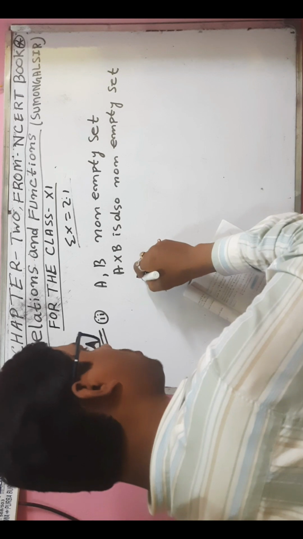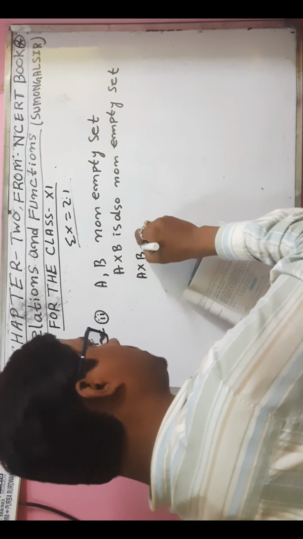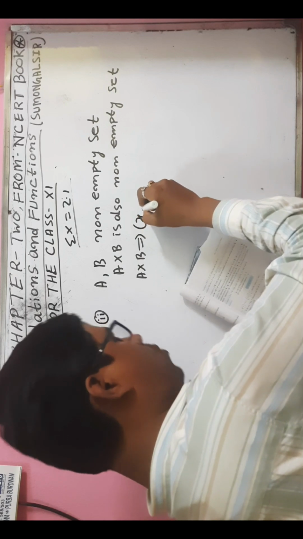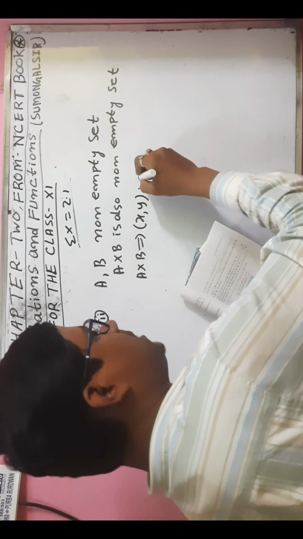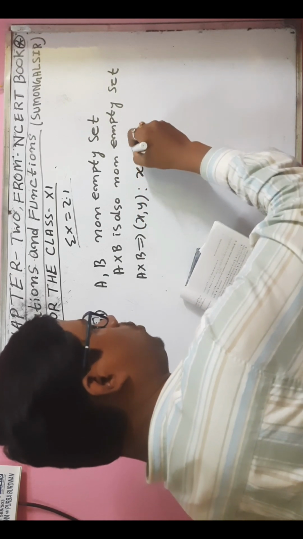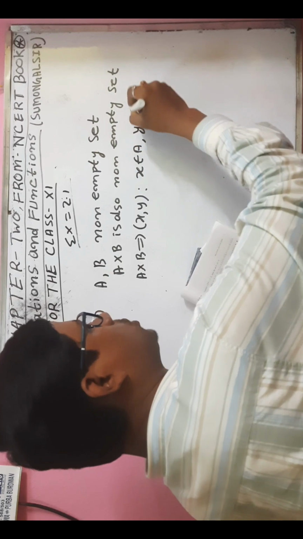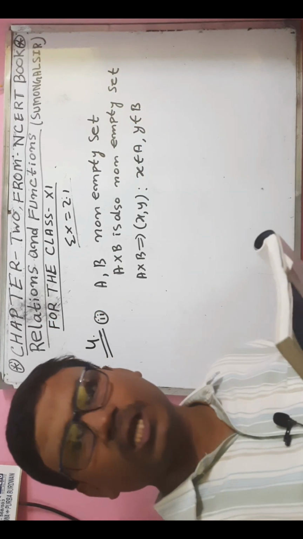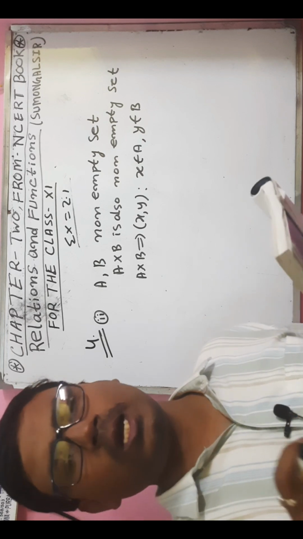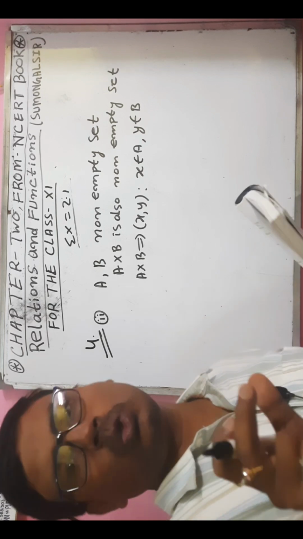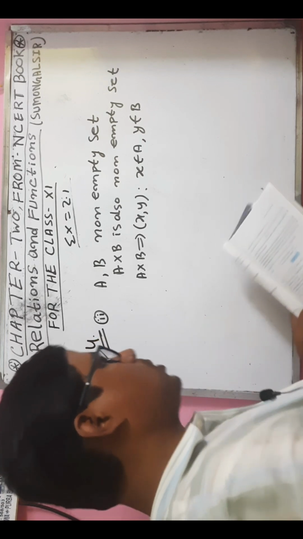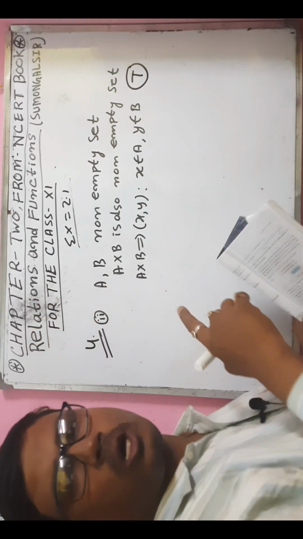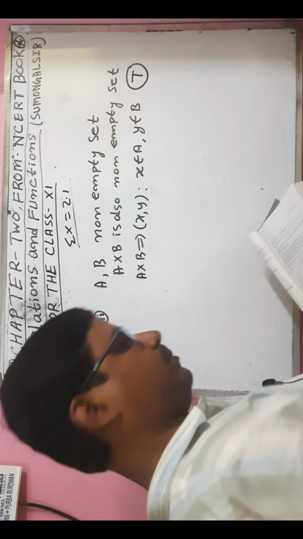And the ordered pair of A cross B is (x, y) such that x belongs to A and y belongs to B. This statement is true by the definition of the ordered pair and the relation between two sets. So this statement is true. So 2 is complete. Now we move to the third.